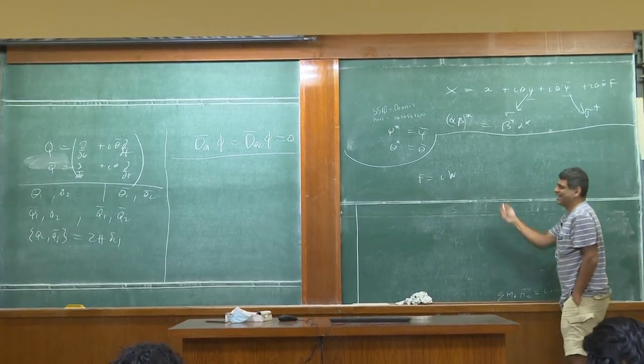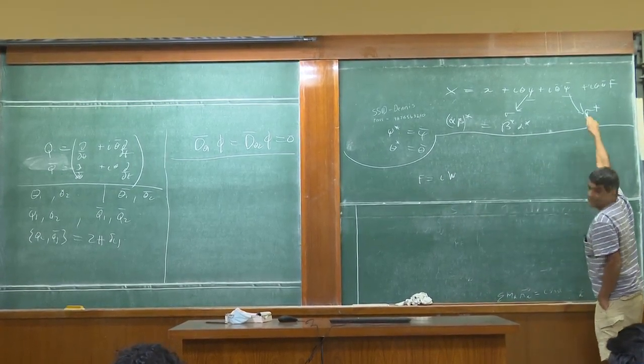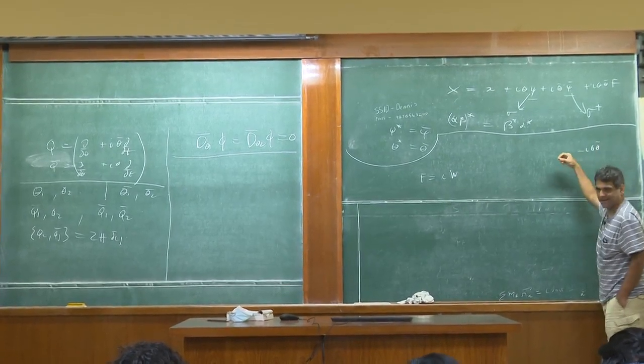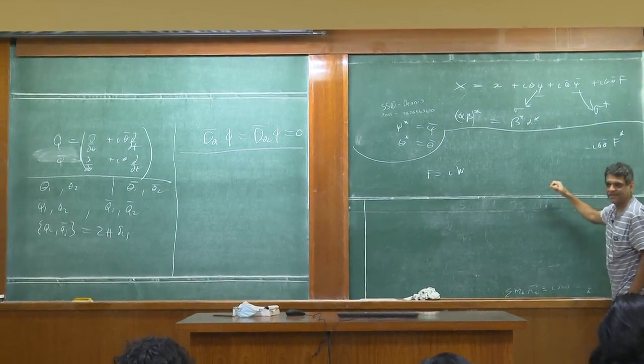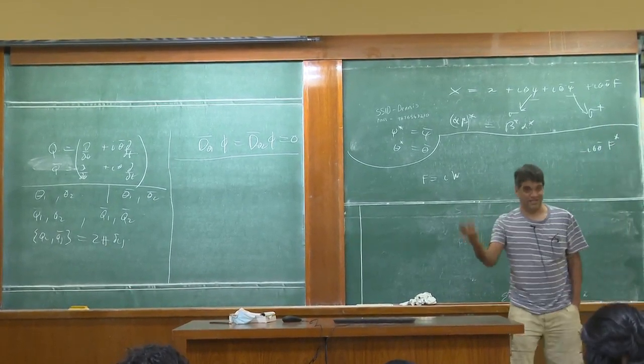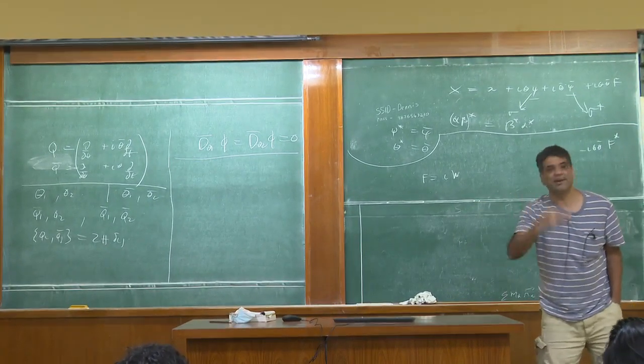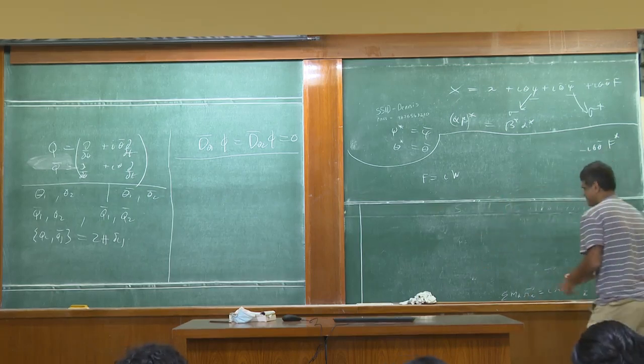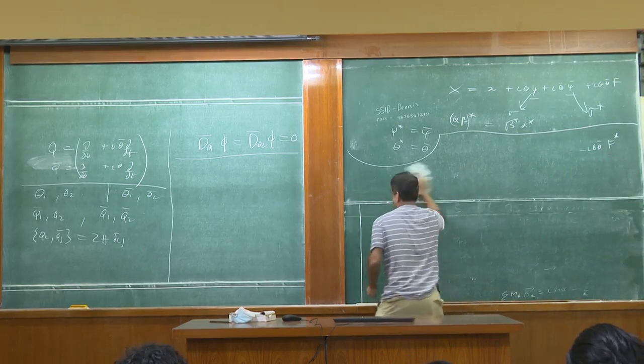Okay, so Chitra correctly pointed out that when we take the complex conjugation, we get minus i theta times F. So with this convention, F had better be imaginary. Thank you. But it was imaginary by the equations of motion. So that was a consistency. Okay. Excellent.